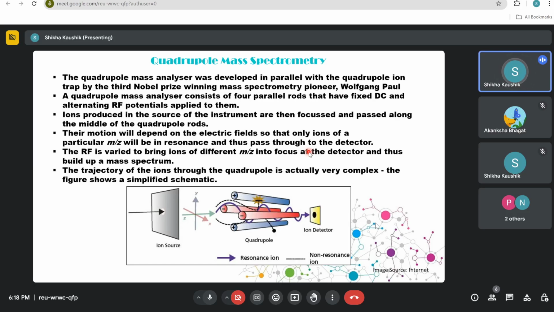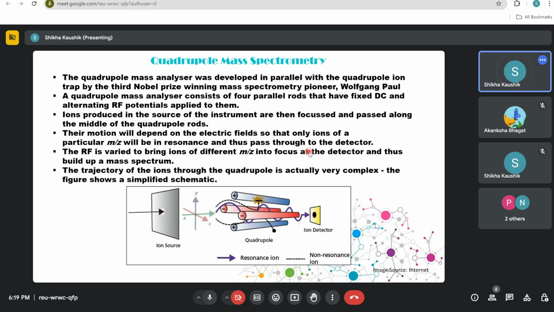So ions produced in the source of the instrument are then focused and passed along the middle of the quadrupole rods, which are four rods, two positive, two negative. Their motion will depend upon the electric field, so that only ions of a particular mass to charge ratio will be in resonance. So yes, there is an electric field, and that's why they make their own path. Depending upon the mass to charge ratio, there will be a resonance generated because of the presence of the electric field, and thus they pass through and reach the detector.